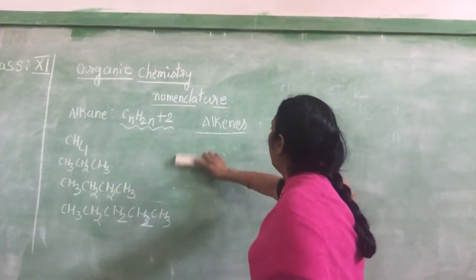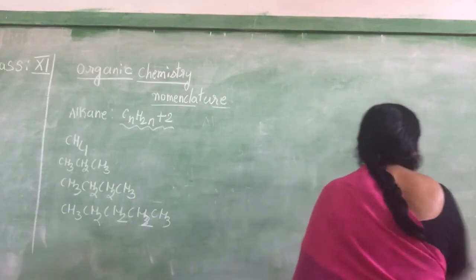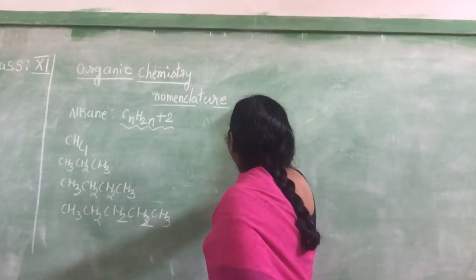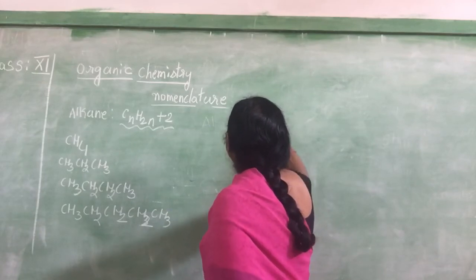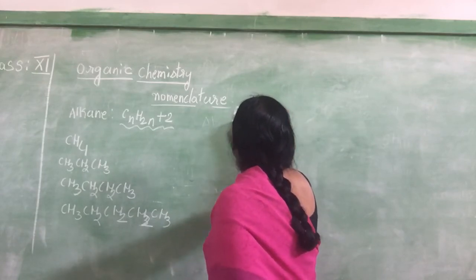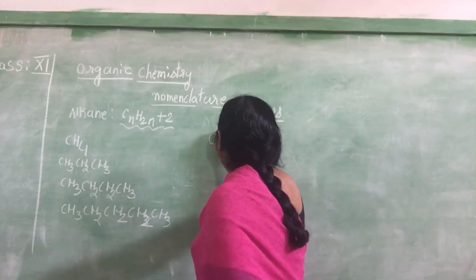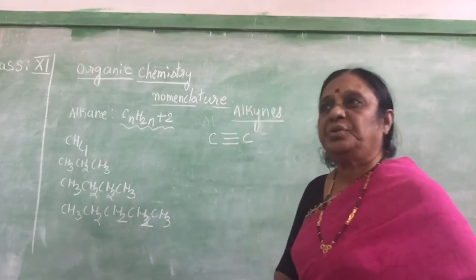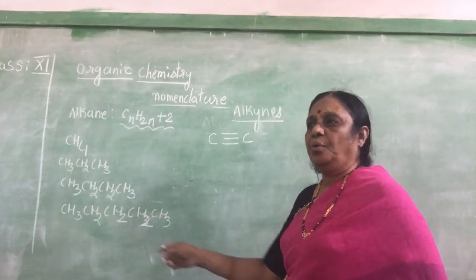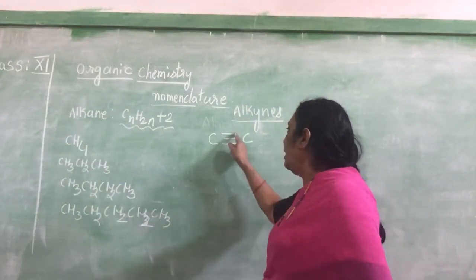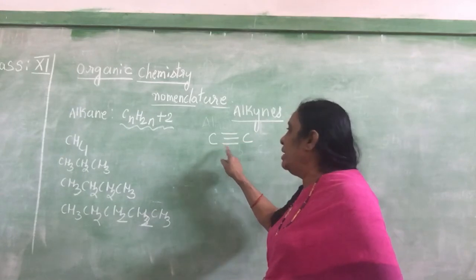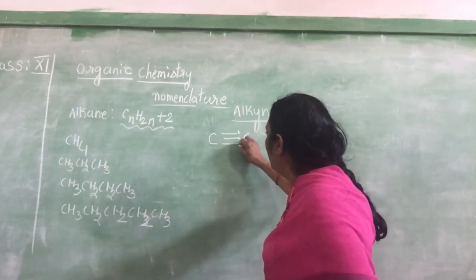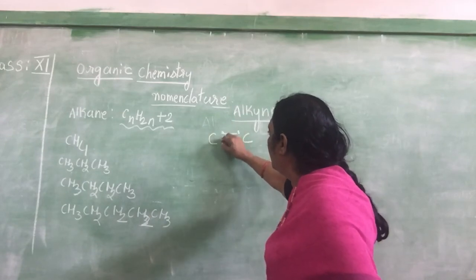Now next, children, alkynes. Alkynes are the compounds having the functional group triple bond. C triple bond C. Each carbon is having 3 electrons, 1, 2, 3. 1, 2, 3.